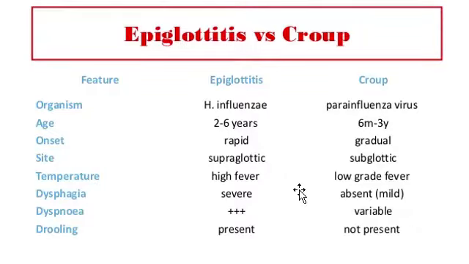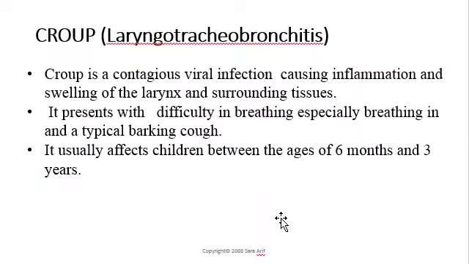Croup occurs between the ages of 6 months and 3 years, and it happens gradually. Epiglottitis happens rapidly. Epiglottitis is located in the supraglottic area, while the false croup damages the subglottic area. Other symptoms also differ from each other.